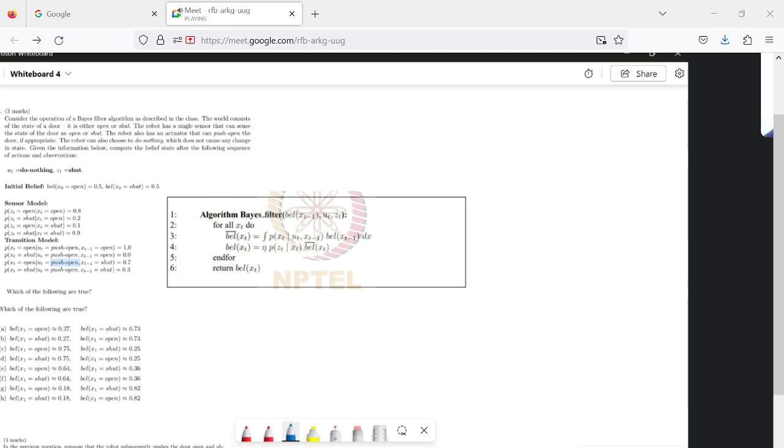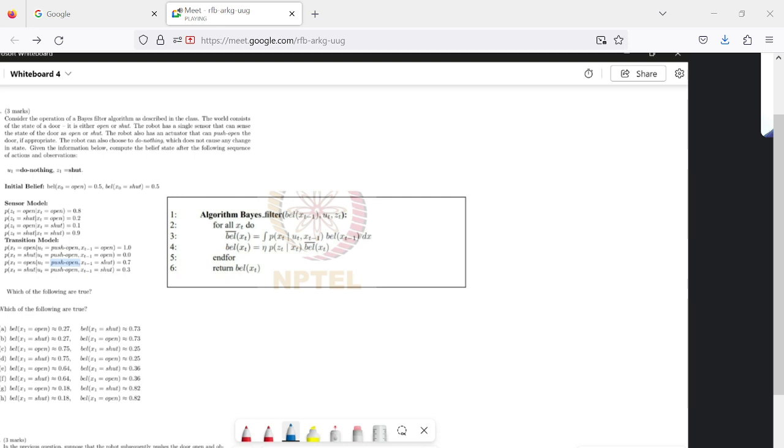If the door is open and you are again pushing the door, then obviously the probability that the door is shut is 0. Now what they have given in the transition model is that if the door is shut, xt minus 1 equal to shut, and you are pushing the door open, then the probability of success, that P of xt equal to open given that you have pushed the door and the door was shut, is 0.7.